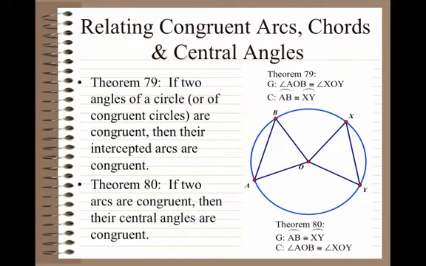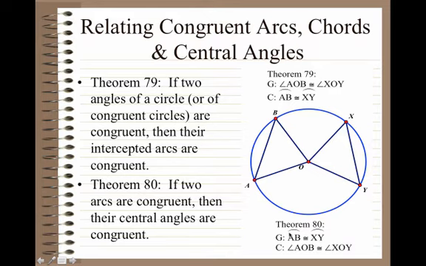You'll recall that the measure of a central angle and the measure of an arc are equal. So if a central angle was 20 degrees, the measure of its arc would also be 20 degrees. So if I were to know, as we are given here, that angle AOB, this central angle, was congruent to this central angle, I would therefore know that AB was congruent to XY by definition.